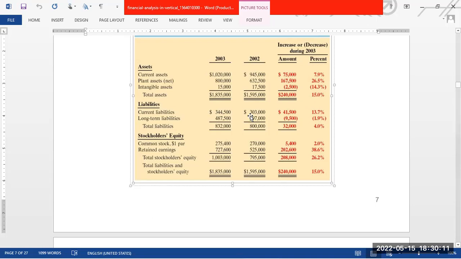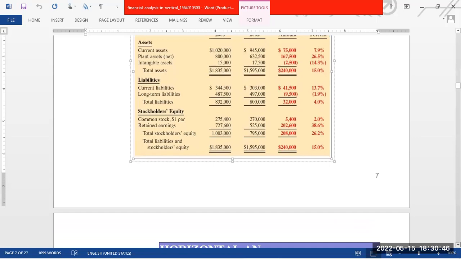You're supposed to be getting 13.696396. But for this case, we just round to one decimal place, so 13.6963 is rounded off as 13.7, and that is how we get horizontal analysis in financial statement analysis.